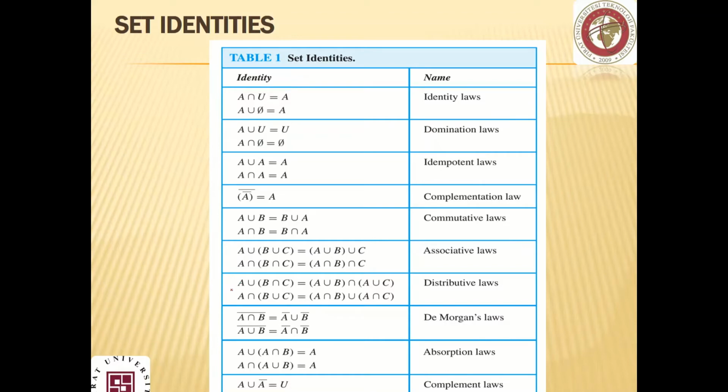We have the distribution of union over intersection, so it would be A union B, apply the intersection with A union C. Or the distribution of intersection over union, and it goes the same way: the intersection of the first two, then the union with the second two.